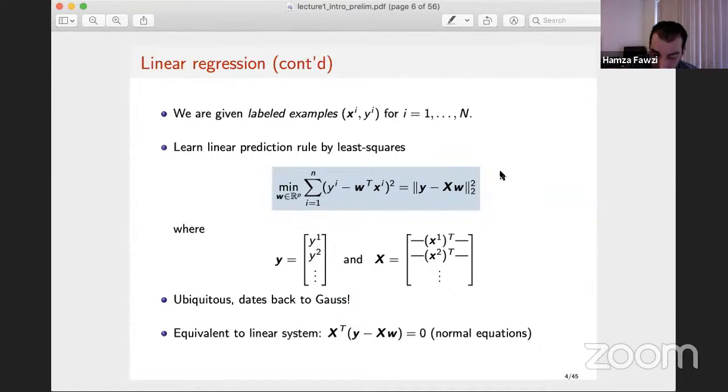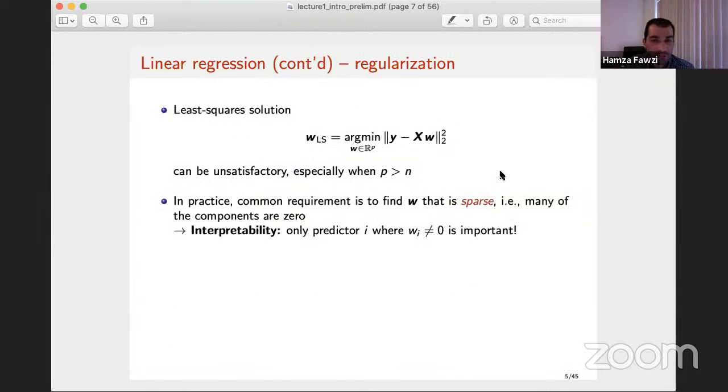But in many cases, especially in modern data science applications, least squares can be unsatisfactory, especially in a regime when p is bigger than n. This is a regime where we have many more predictors than samples. This happens a lot, for example, in biology, where the predictors are, for example, gene expression data.